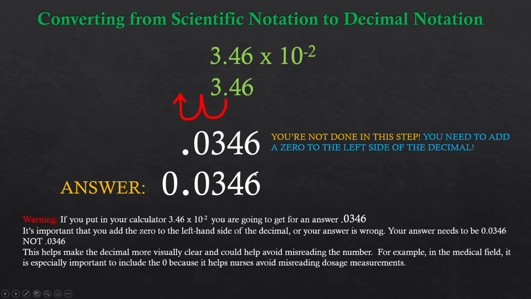Therefore, we should have 3 sig figs in our final answer, which is what we have. Leading zeros never count as significant figures. So, we have basically converted from scientific notation into our decimal notation. The name says it all, decimal notation. You got a decimal.